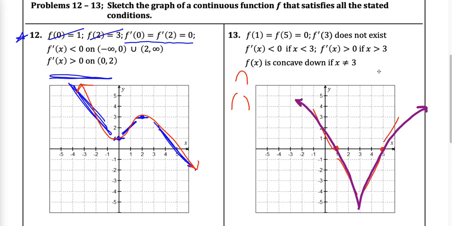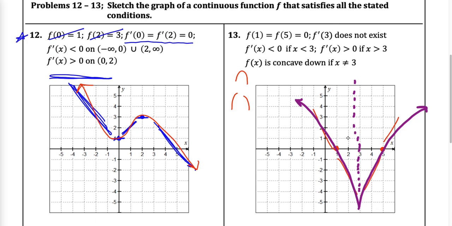That's one possibility. Another possibility is if you drew a vertical asymptote at 3, then both pieces of that function could kind of be going next to that vertical asymptote. And both of those would be correct given that info. That one's a little bit harder.